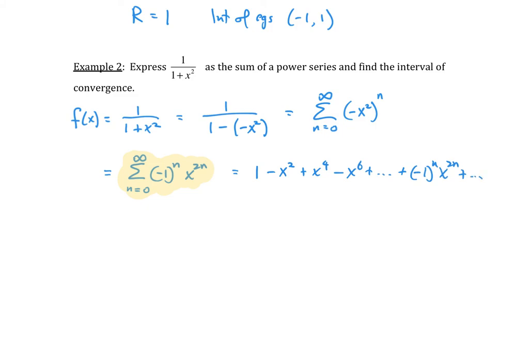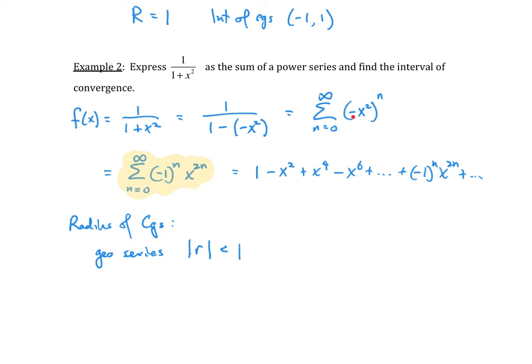Okay. Now, we could find the radius and interval of convergence. Let's do the radius of convergence. So how is that going to look? Well, we know that for a geometric series, it converges when the absolute value of r is less than 1.